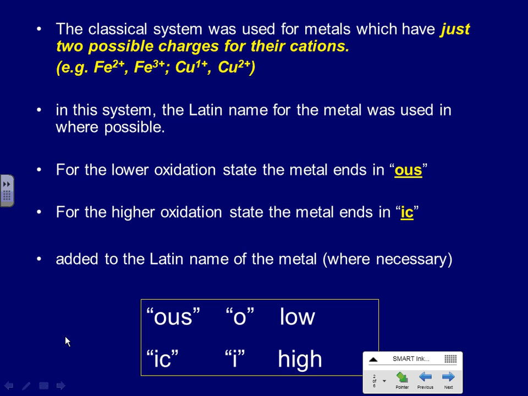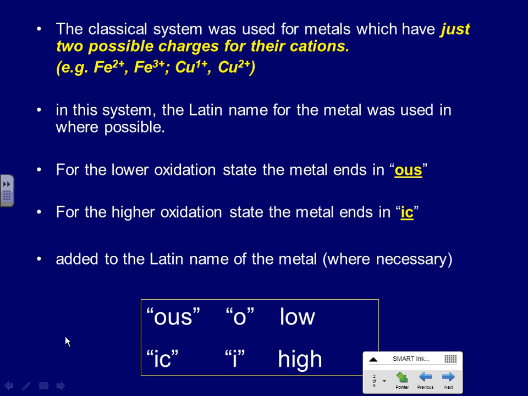If the element has a Latin name, the Latin name is used. So for iron, the Latin name is ferrum, and therefore we use ferrum as the base name. So for the low oxidation state of 2, it's ferrous, and for the high oxidation state of 3, it's ferric.